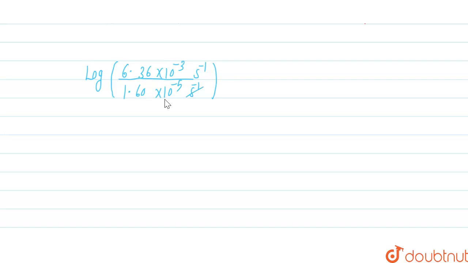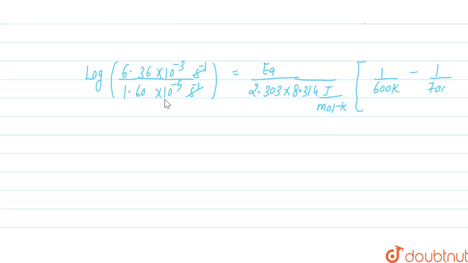The units second inverse cancel, and this equals Ea, the activation energy, divided by 2.303 into R, that is 8.314 joule per mole Kelvin, into (1 upon temperature T1, 600 Kelvin, minus 1 upon temperature T2, 700 Kelvin).